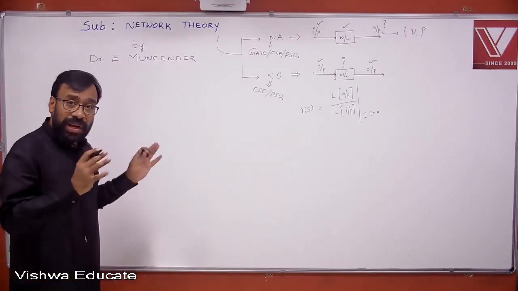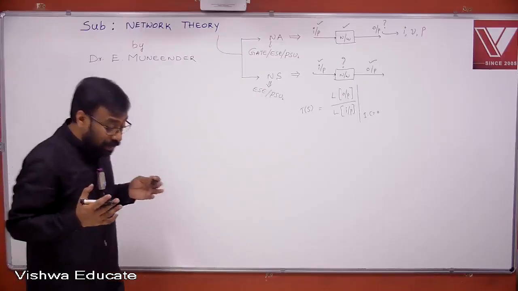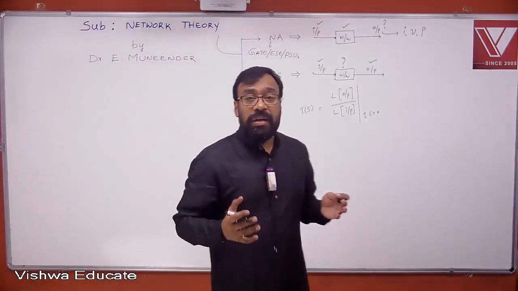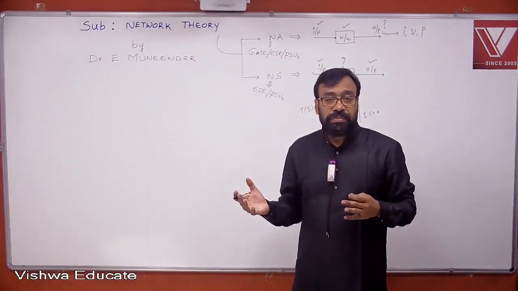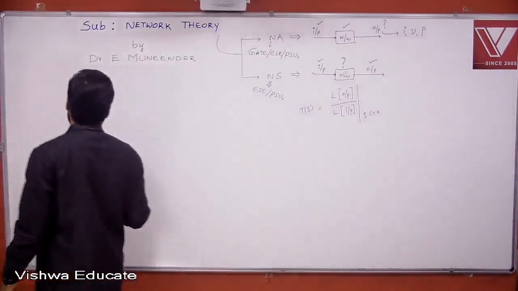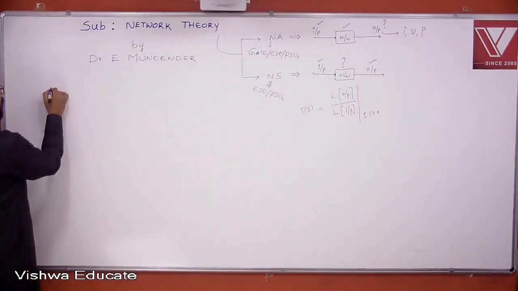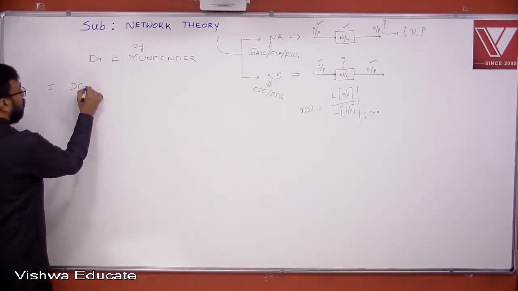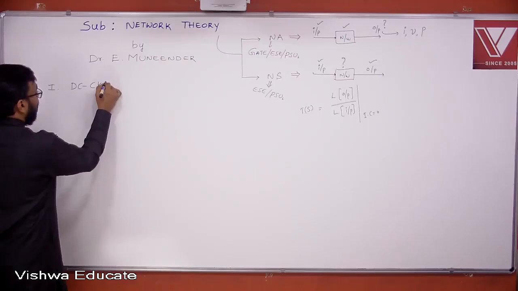Now let's look at the roadmap. What are the chapters that we have, and what are we going to discuss? Understand all of you? Okay. We're going to see one after the other. The first chapter deals with DC circuits.